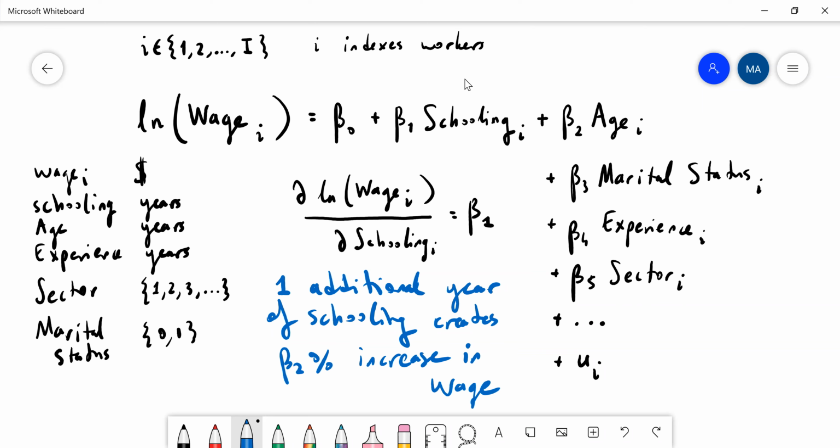Because this is a log-linear model: this part is log, this part is linear. Remember this from econometrics.